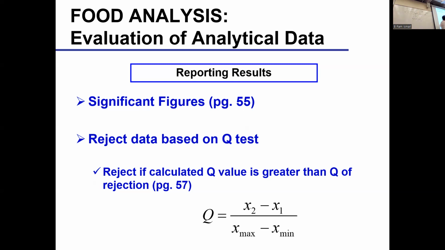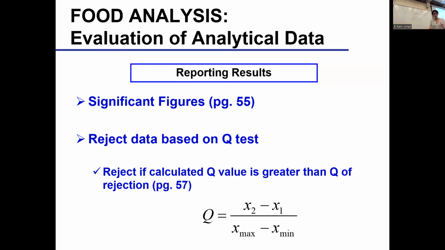So you go ahead and calculate Q. So the Q is, let's say you have X1 and X2. One of them, let's say X1, is the data point that you think is completely out there, wrong. It just looks really outside of the other data points. And you get the difference with the next data point closest to it.